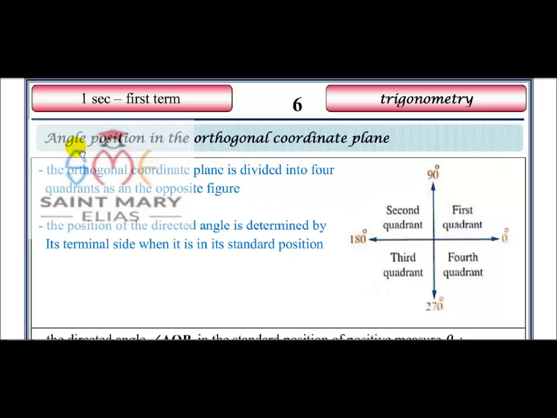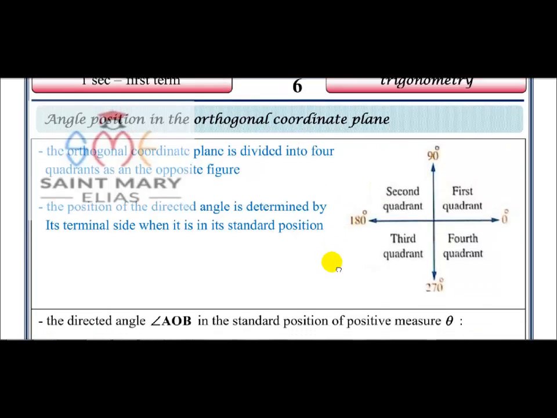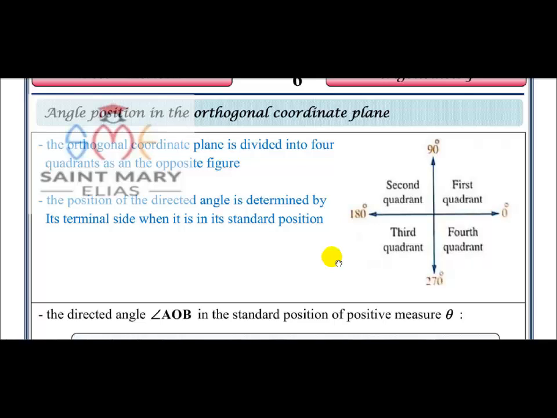Next part, angle position in the orthogonal coordinate plane. Each directed angle has a position. How do I know my position? First, let us remember when I draw the x-axis and y-axis, here is 0 and here is 90 degrees.